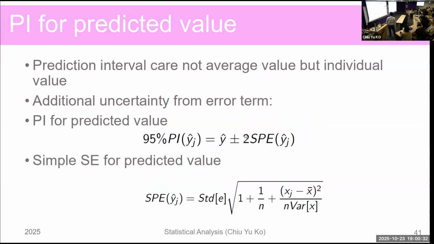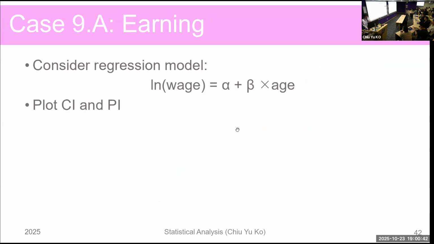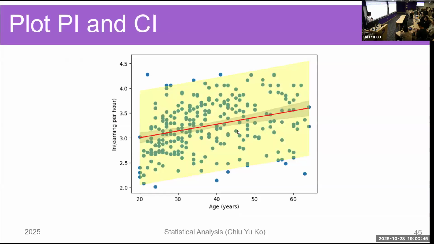When you predict a particular value, you have uncertainty for each one, which means the prediction interval will be much wider. So this is the confidence interval, and this is the prediction interval. The difference is that the much smaller one looks at, if I give you the age, say 40, what's the average salary among those people, if you collect more than one, right?